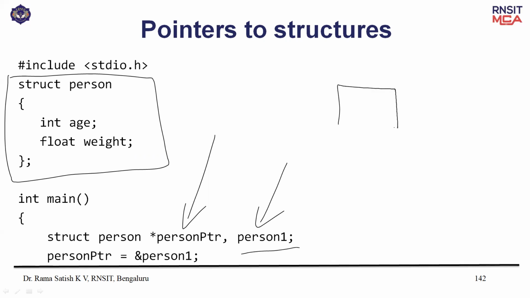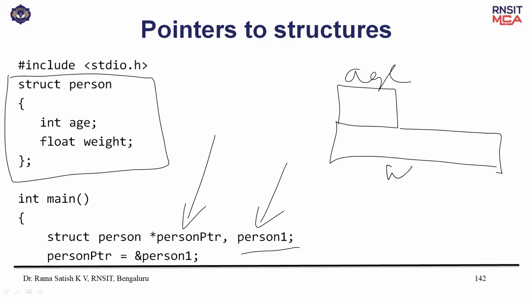Memory is allocated for integer age, and memory for weight, which is float. So weight memory is allocated. We call this person 1, and for person 1 you get memory.